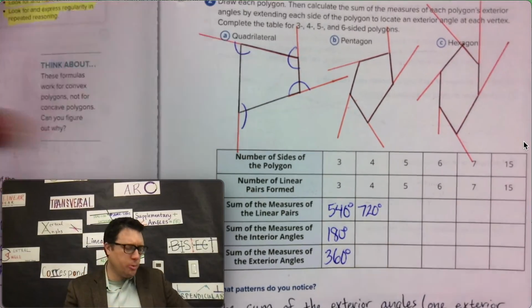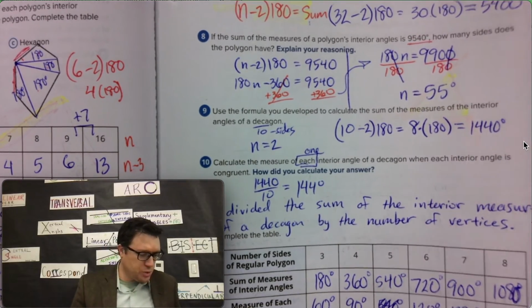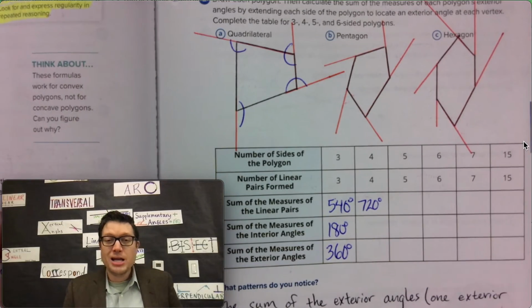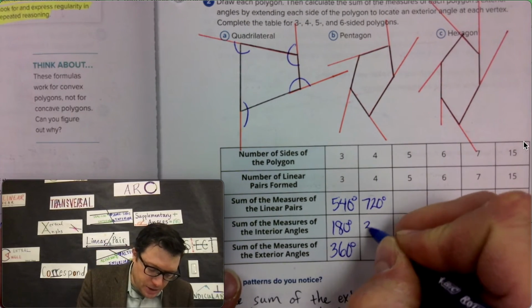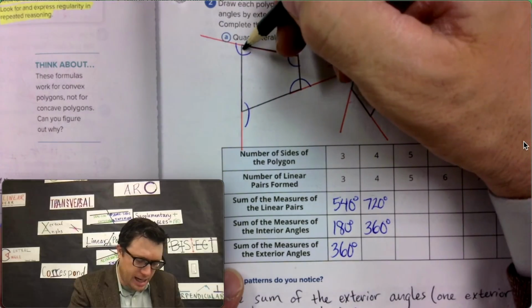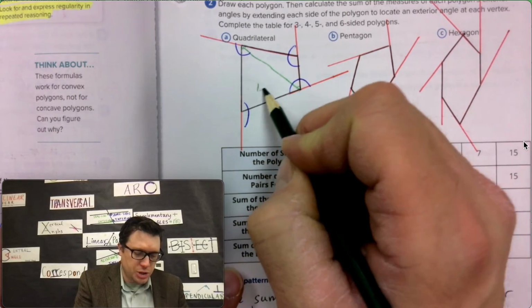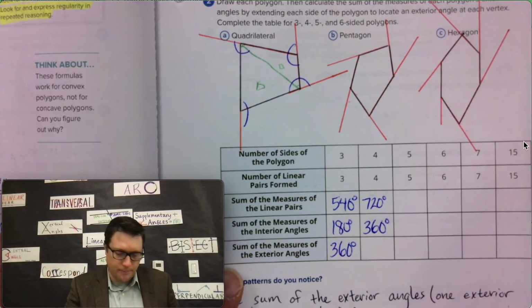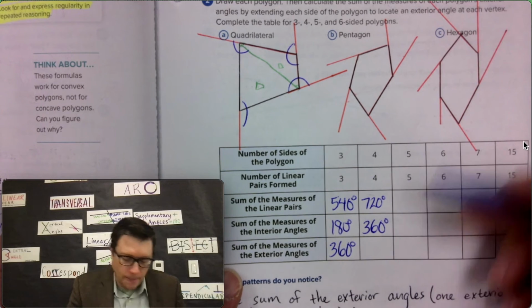Well, we also know from the previous page, flip back to a table that we made on pages 326 and 327, the interior angles of a quadrilateral add up to 360. It was that whole idea about how you could draw a diagonal from one vertex to its opposite vertex and create 2 triangles, and you add them up. Go watch the video. If you subtract these 2 numbers, you get 360.